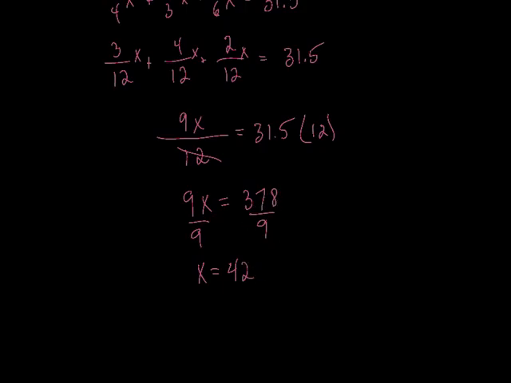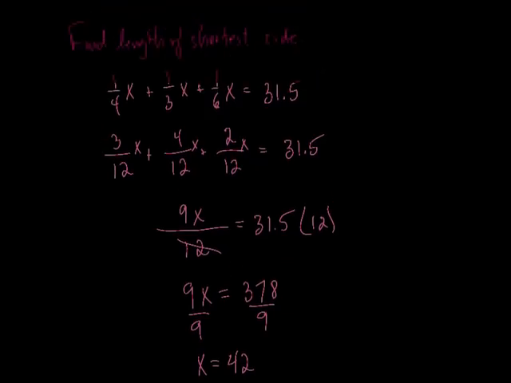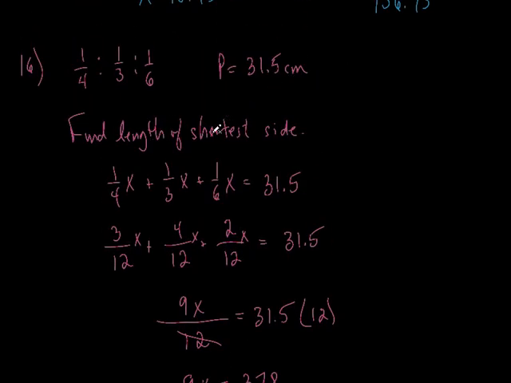Now, is that my answer just because I solved for x? No. What did they ask us to find? Find the length of the shortest side. Come over here. Look at these fractions. 1/4, 1/3, 1/6. Which one is the smallest? If I took 1/4 of a number, 1/3 of a number, or 1/6 of a number, which one is going to give me the smallest side?